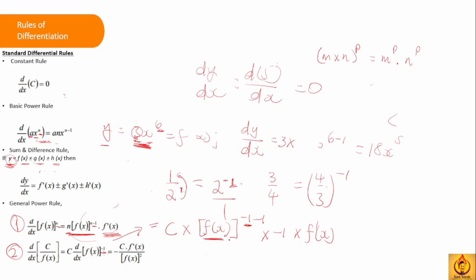Let's deal with it practically. Obviously, let's simplify this. Minus 1 times c is going to be minus c, multiplied by f of x to the power minus 2, all of this multiplied by the derivative, which will then simplify to this.